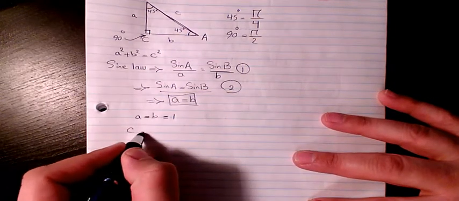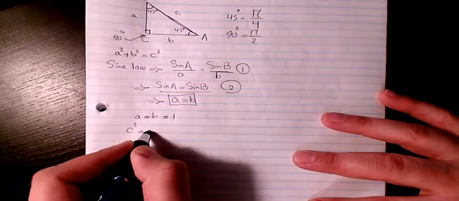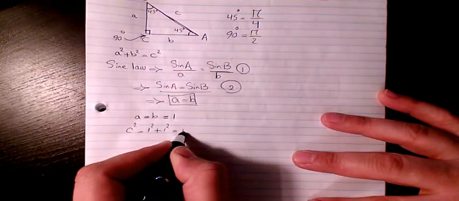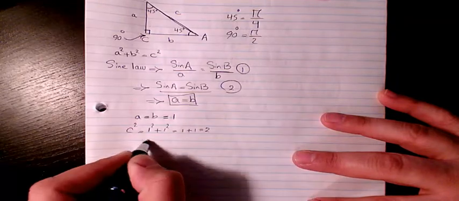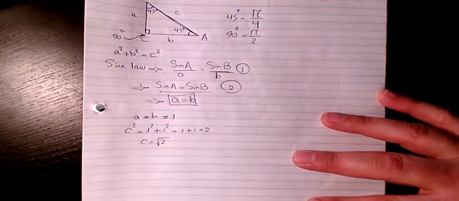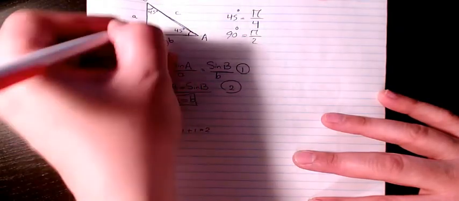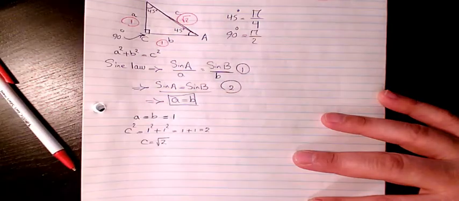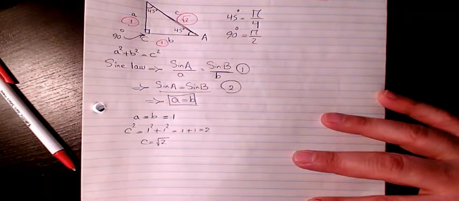So in order to find C, we can say C squared equals 1 squared plus 1 squared, equals 1 plus 1, equals 2. So C is root 2. So this one is 1, this one is 1, this one has to be root 2.